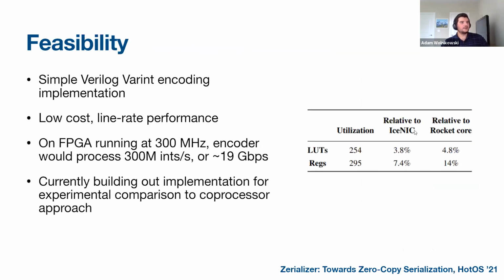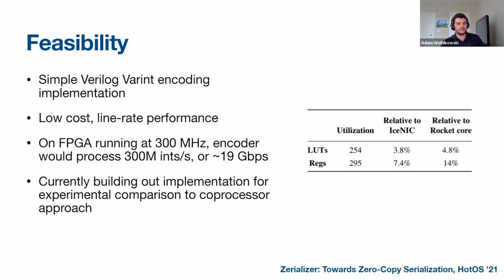And then we did some proof of concept implementation, with a simple Verilog module. We implemented essentially just the protobuf varint integer encoding, to get a sense of breaking down the serialization, not looking at the memory benefits, but just to examine how difficult the encoding would be and how resource intensive.